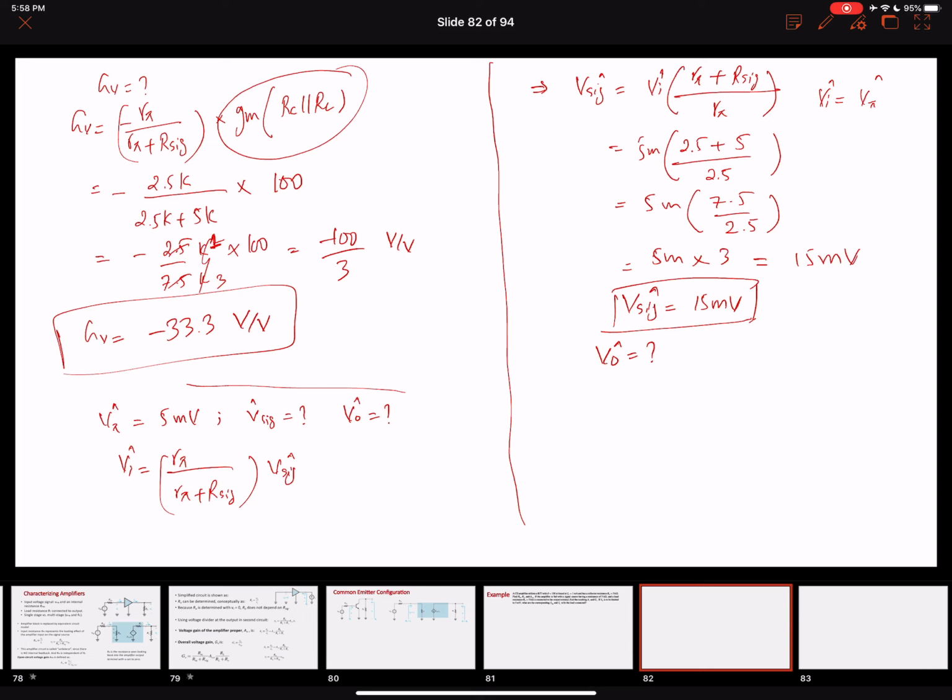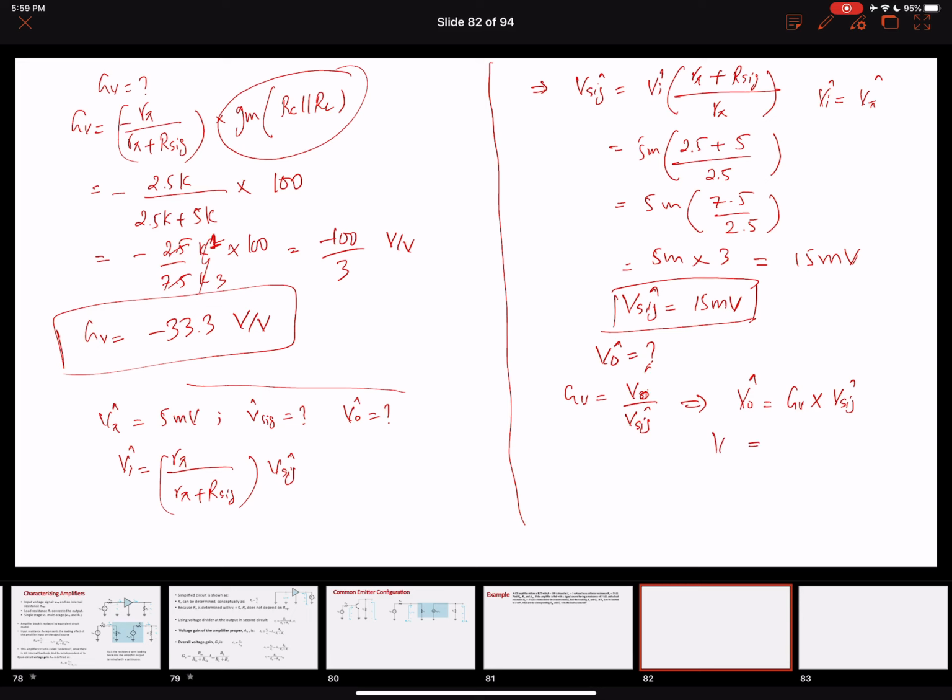We know that our overall voltage gain equals V naught divided by V signal. So we can easily use this. V naught will be equal to the overall voltage gain multiplied by V signal.